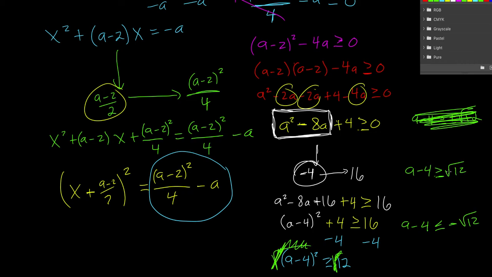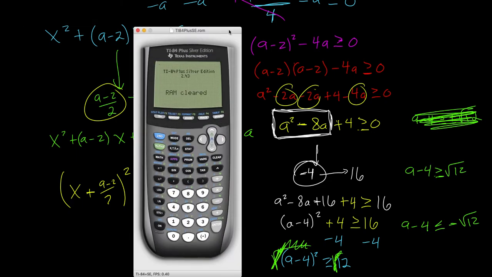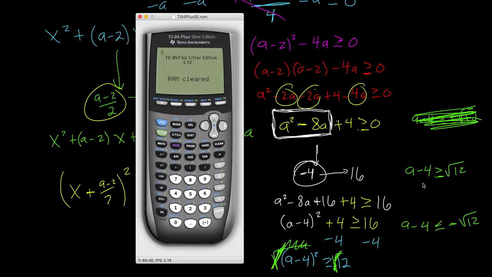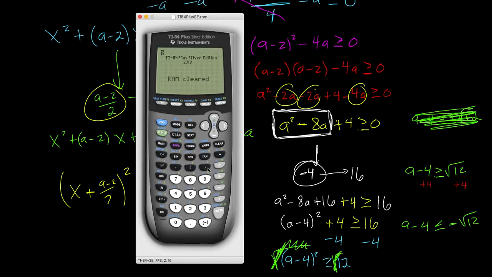Now, if we just take square root of 12 plus 4, let's just do that on a calculator. Okay, so we're going to add 4 to both sides. So we'll just take square root of 12 plus 4. Let's see, where's my square root? Right there. Make sure the plus 4 is on the outside.